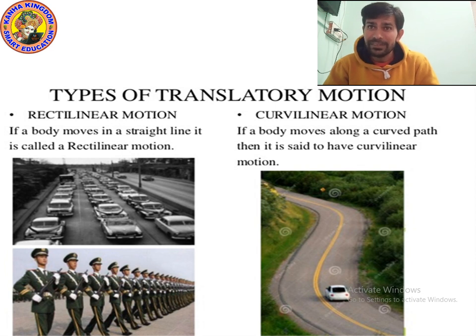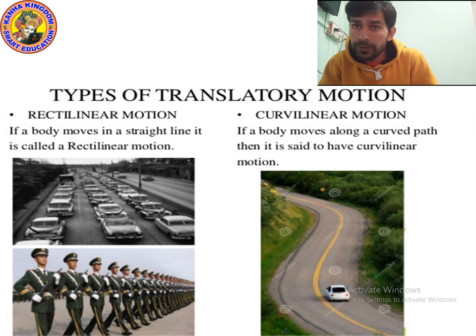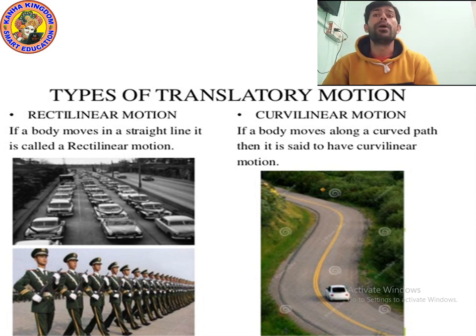If a body moves along a curved path, then it is said to have curvilinear motion. If any object moves along a curved path, in a curve shape, then it is known as curvilinear motion.